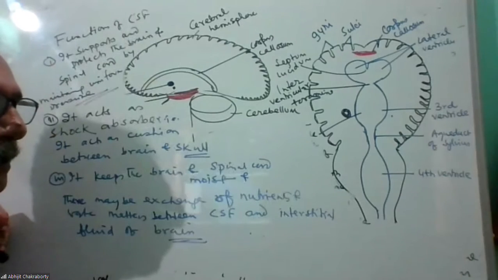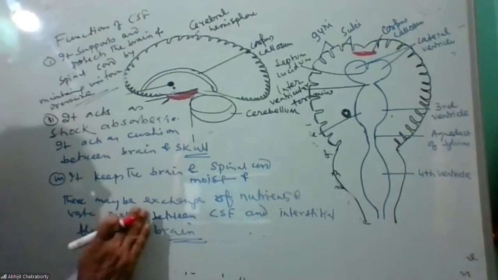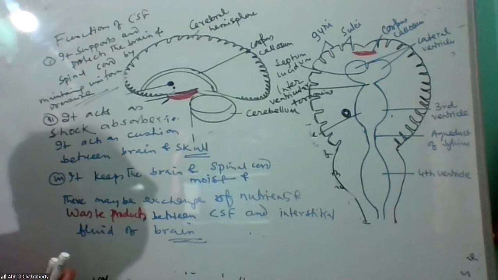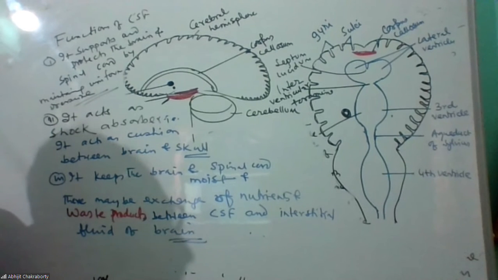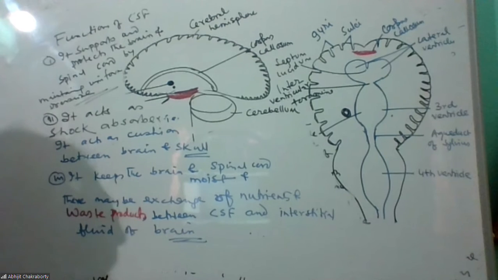So whatever is written after exchange of nutrients, write: and waste products between CSF and interstitial fluid of the brain. Clear? Is it okay?